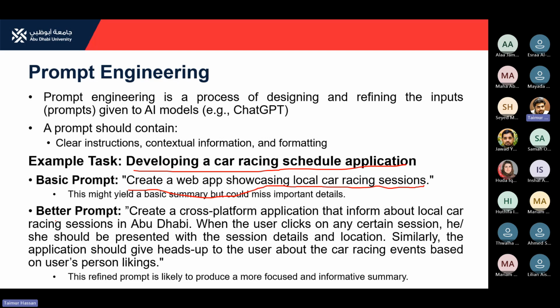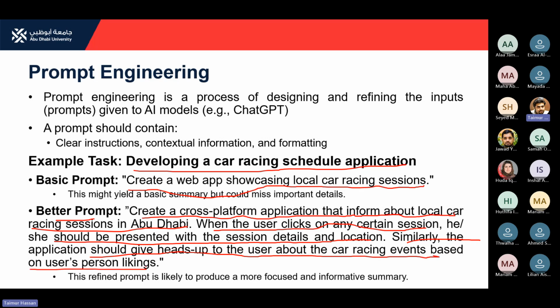However, if you give a better prompt like this, in which you're specific, for example, "Create a cross-platform application that informs us about local car racing sessions in Abu Dhabi, and when the user taps on a certain session or event, they should be presented with the session details and the exact location." This is the functionality that we specifically require in our application. Similarly, the application should give the user a heads up about car racing events based on personal liking.